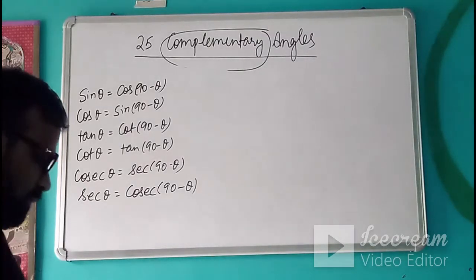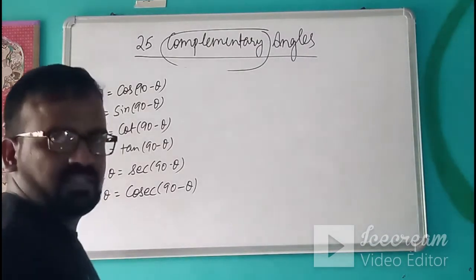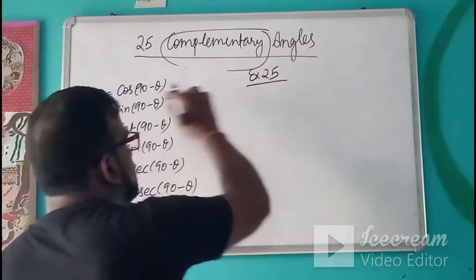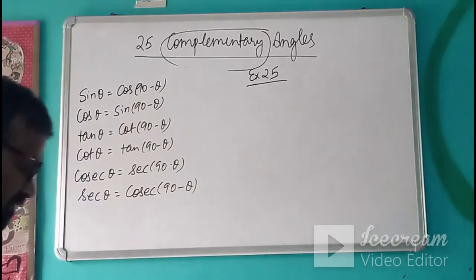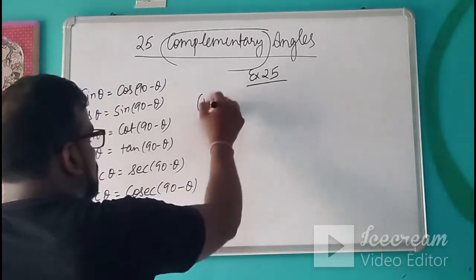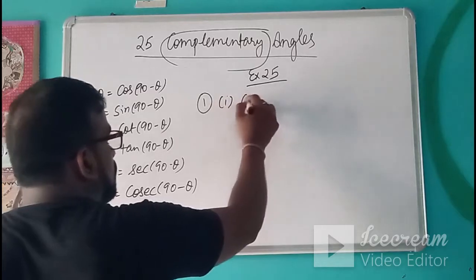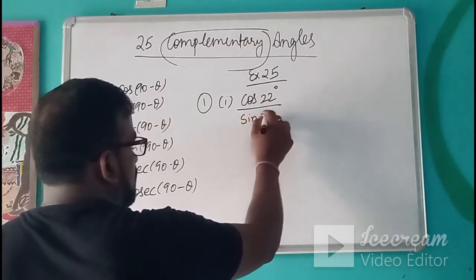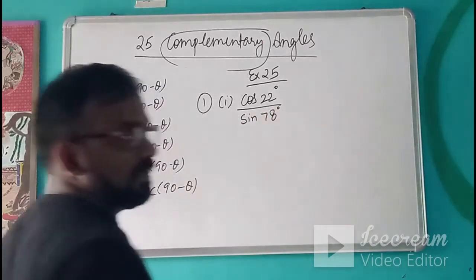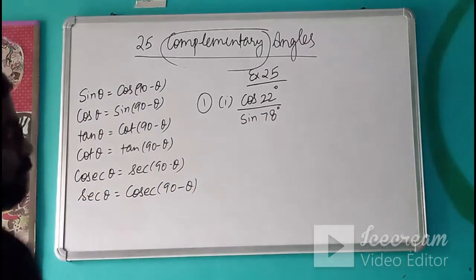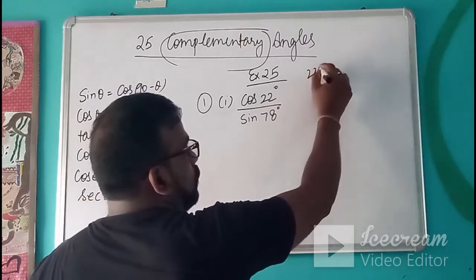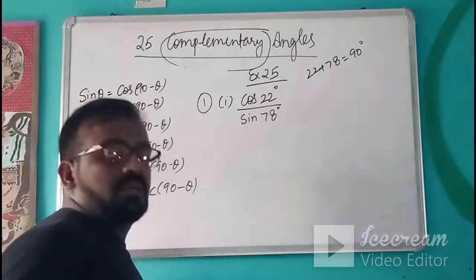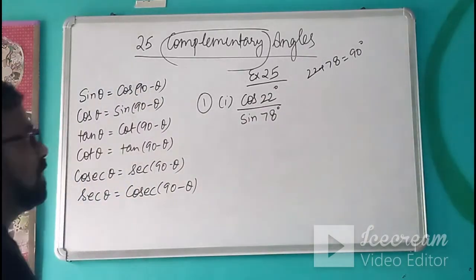Okay, so let's start with exercise 25, and remember these values in mind and we will evaluate. So very first question, suppose I have to evaluate cos 22 degrees upon sin 78 degrees. Now if you see, 22 plus 78 is equal to 90 degrees. That means these two are forming the complementary angle pair.